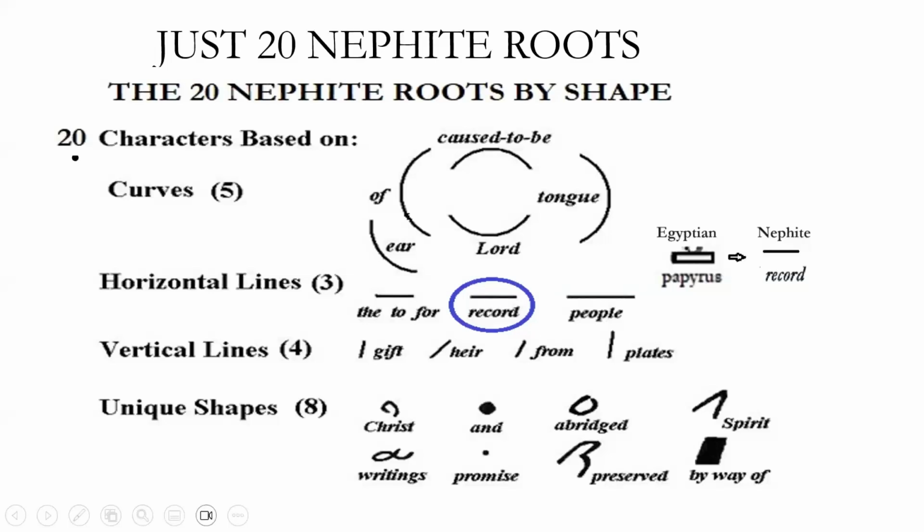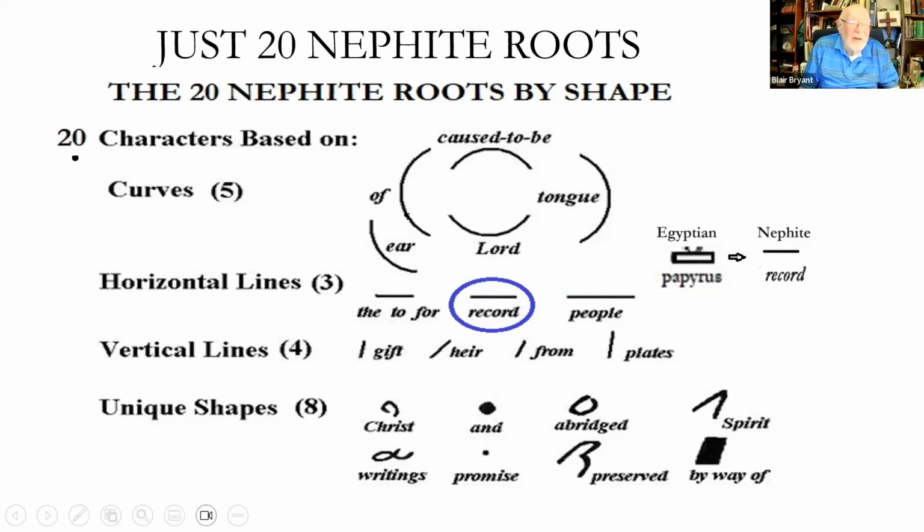I thought there were only 20 total, but I don't see the cause to be or the of or the ear. They are there. You're just not recognizing them yet. And we'll get to the point of recognizing those things a little later on as we go. But they're all there.